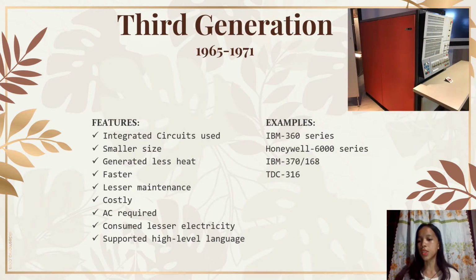Next we have third generation computers. This generation existed during 1965 to 1971. So what are the features? Integrated circuits used. Smaller size, generated less heat, faster, lesser maintenance, costly, it required AC, consumed lesser electricity and supported high-level language.